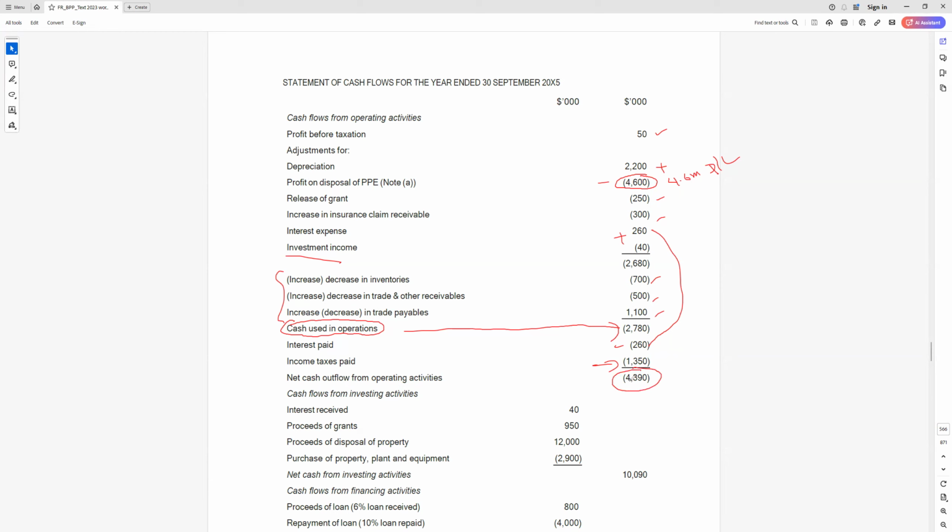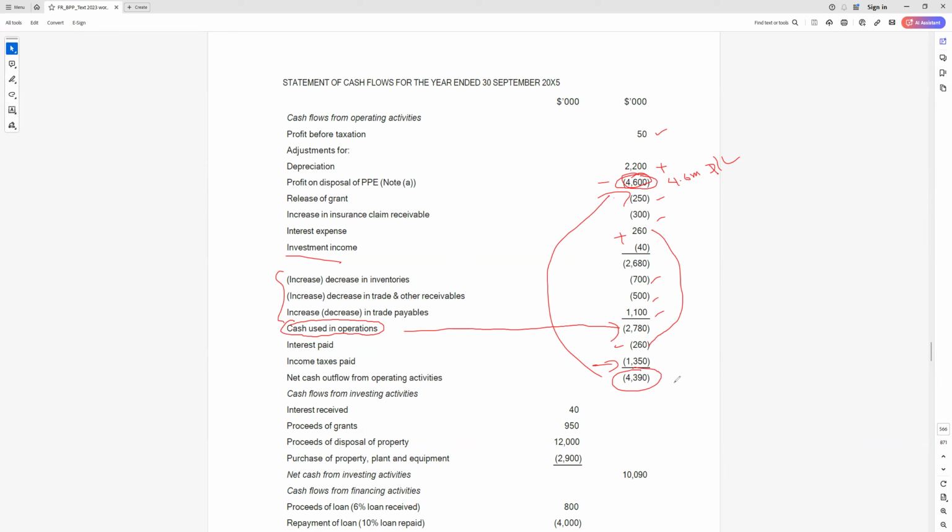It's very risky for the business because the business must have or should have a positive figure from the operating activities. If the business doesn't have it, that means the business is not a healthy business. The business is at risk because it cannot just depend on this 4.6 million that they made by selling the non-current asset, because it's not going to work for the long run. It's just not their job to sell the non-current asset.